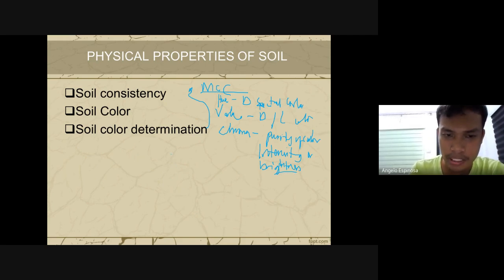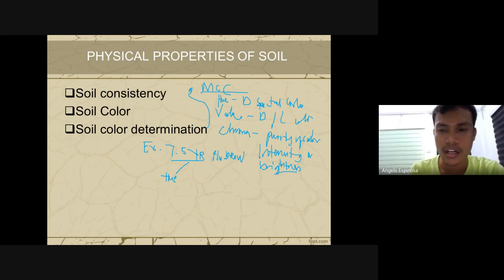So let's have an example here. 7.5 YR, and then we have 4/6 brown. The YR represents the hue. That is a dominant spectral color.